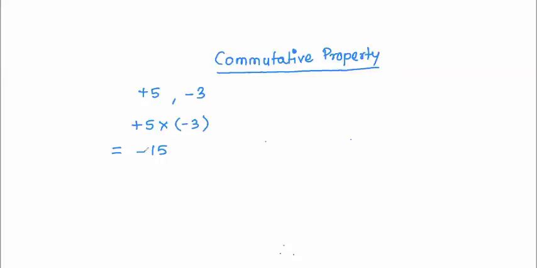Now let's interchange these positions, and do minus 3 multiplied by plus 5. Again, we first multiply the weights. So the multiplication of weights gives 3 into 5, 15. Again, only one minus sign in the multipliers, which means the final sign is minus. So we see here that even if we change the position of the integers, the result remains the same.